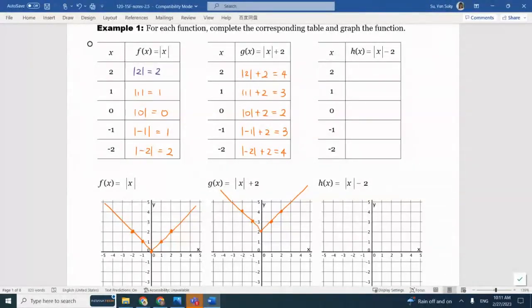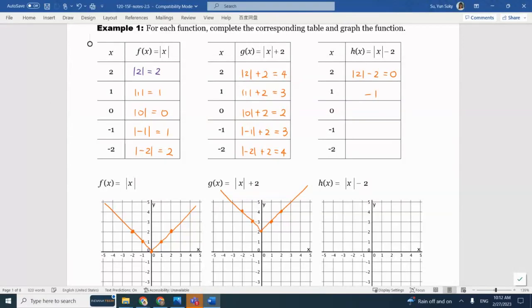Okay, Jackson. Yeah, very good. Absolute value of 2 minus 2, that equals to 0. And Evan or Ethan? What happened when we plug in 1? 1 minus 2 would be minus 1.